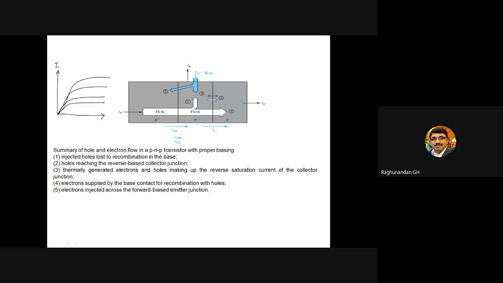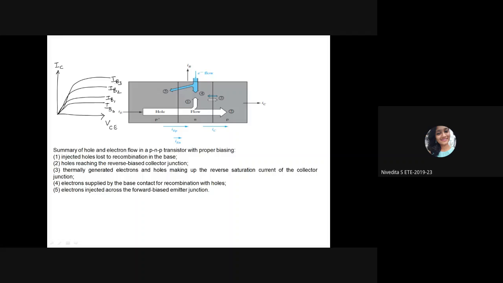Can anyone tell me? Output. Why is it output?